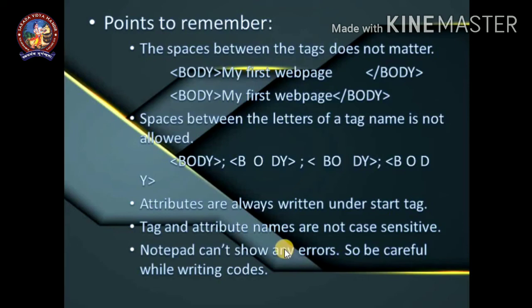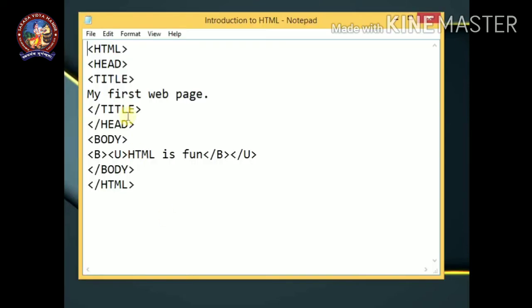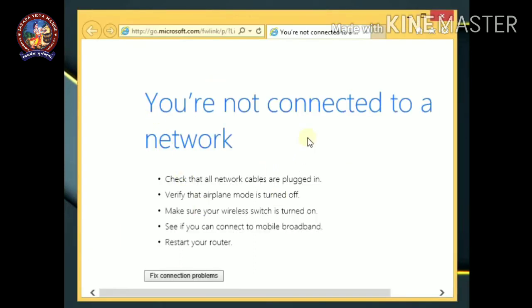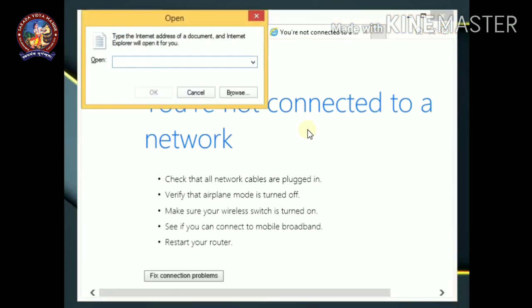Okay, so the code I have written earlier, this HTML code, let's run the code. I have created a web page. Let's see how it looks. So I have opened Internet Explorer. To open the file, you just need to press Ctrl O, and from there you browse it.